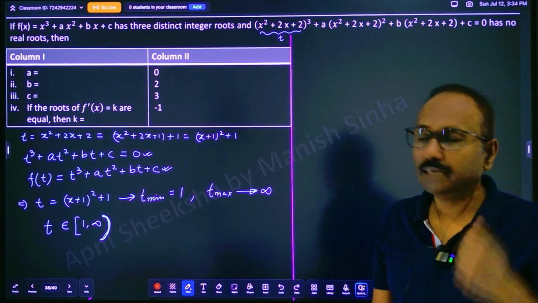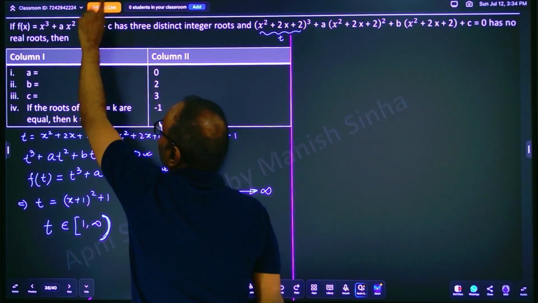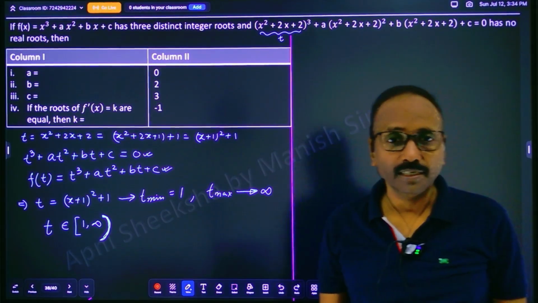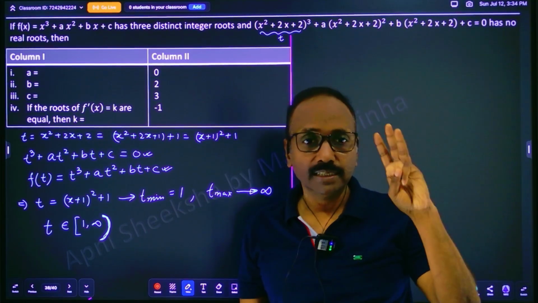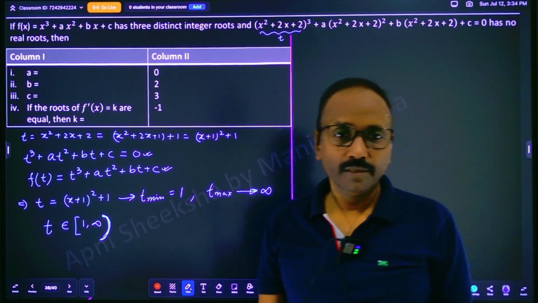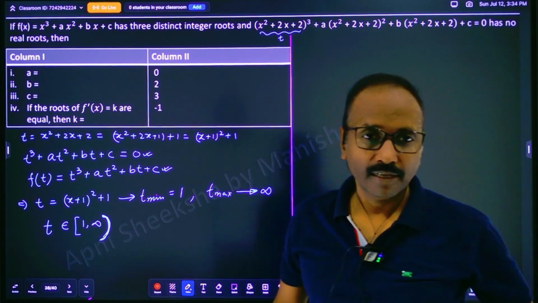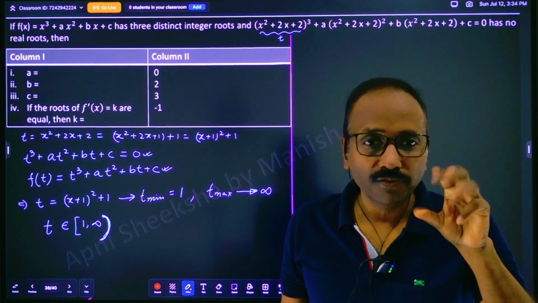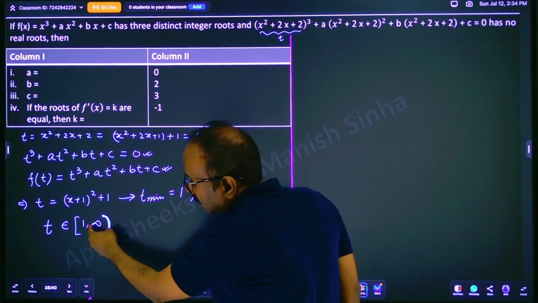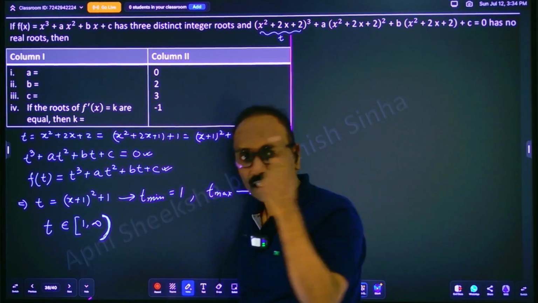But at the same time, the question says that this function f(x) equal to x cube plus ax square plus bx plus c has 3 distinct integral roots. So what should be the value of x? The roots' value should be less than 1, an integer.